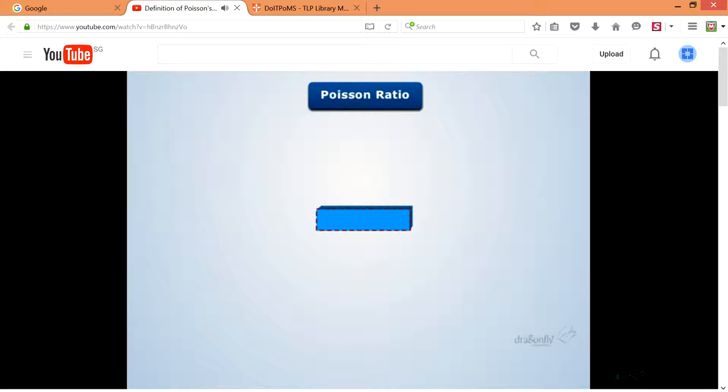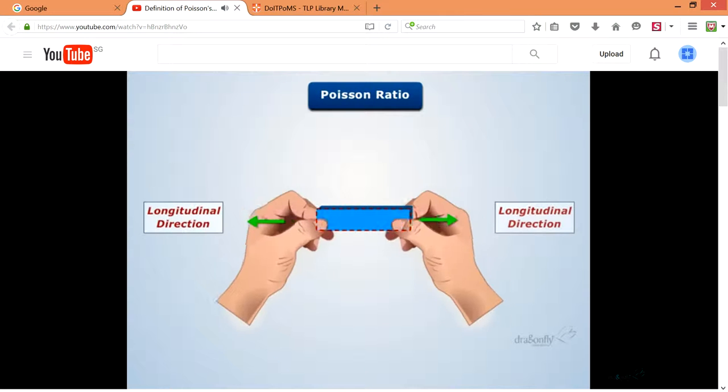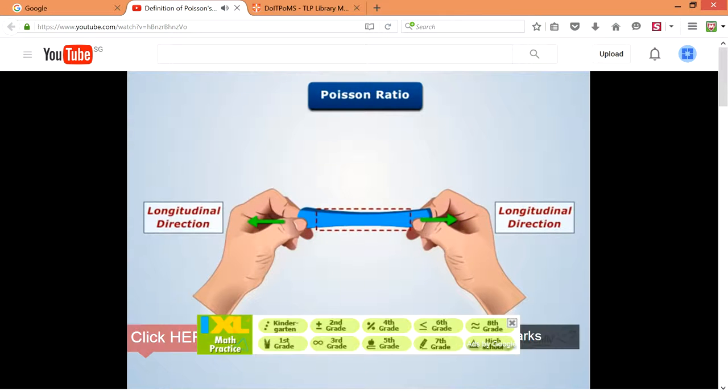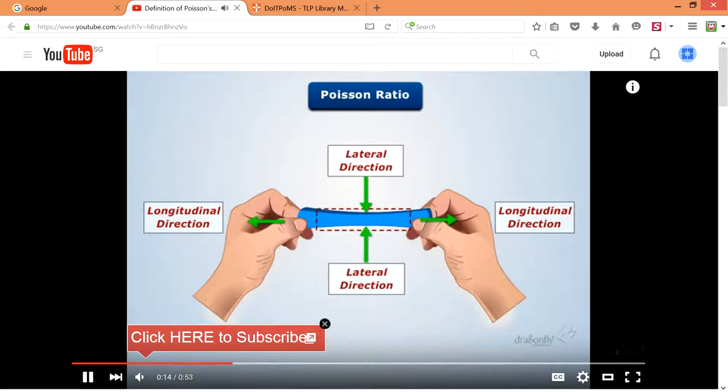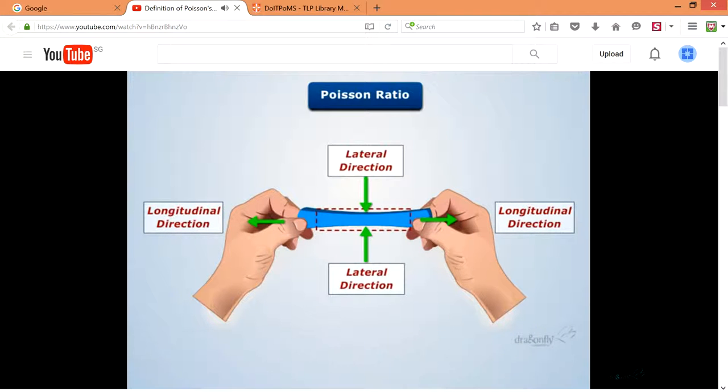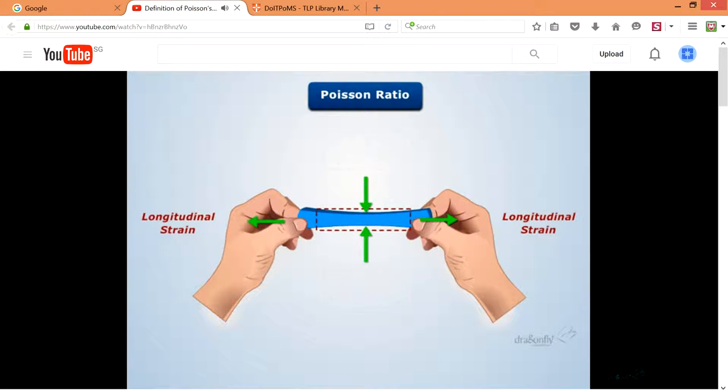Okay, let's go. Take an example of a rubber strip as shown. When we pull this strip in a longitudinal direction, the strip elongates in a longitudinal direction and contracts in a lateral direction. The strain developed in a longitudinal direction is known as longitudinal strain, and the strain developed in a lateral direction is known as lateral strain.